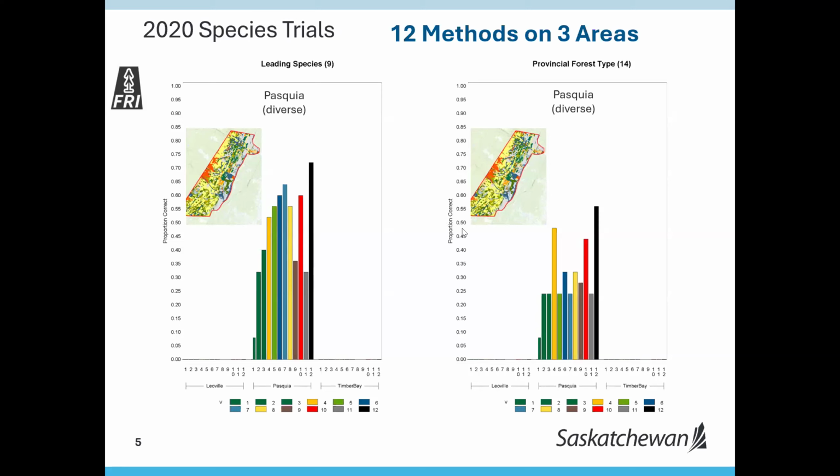All of these methods at the time suffered when we looked at provincial forest types, which is a combination of leading species plus species composition in relative proportions. And so we learned from this process that our old air photo interpretation has lasting value, and we've been working on how to incorporate this, I don't know, expert opinion into new approaches which are compatible with the fine scale of EFI.